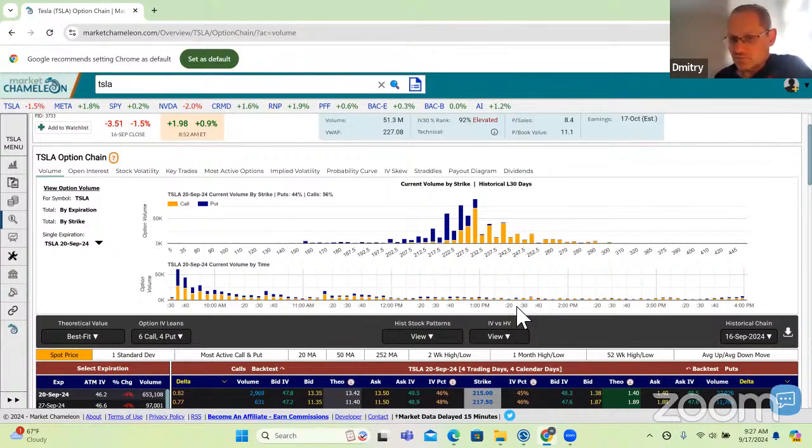Is it in the middle of the day, at the end of the day, in the beginning of the day? And here it shows that a lot of this volume started at the start of day and then just kind of tapered off. All right. So I'm going to stop right there, Will, but this is a graphical visual view of the breakdown of the volume, looking at it from different angles.